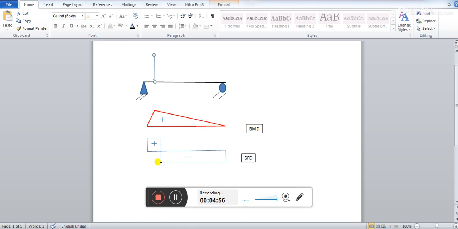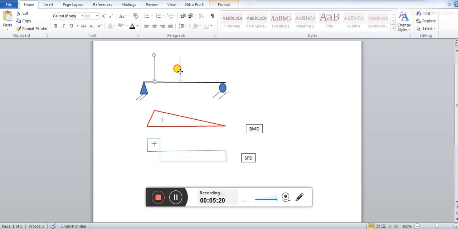This is the bending moment and shear force diagram, and the fixed load is acting over here. Now suppose the position of this load is being changed from here to here. The load is moving like this. Can you observe it?